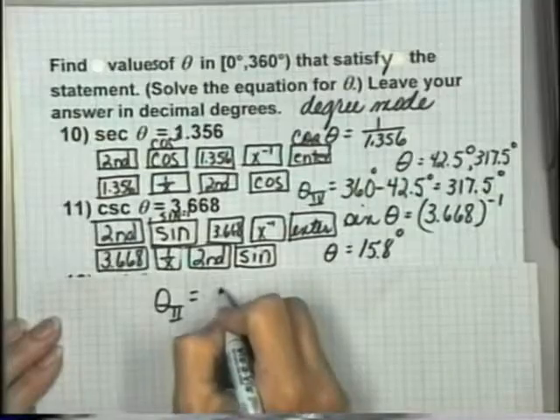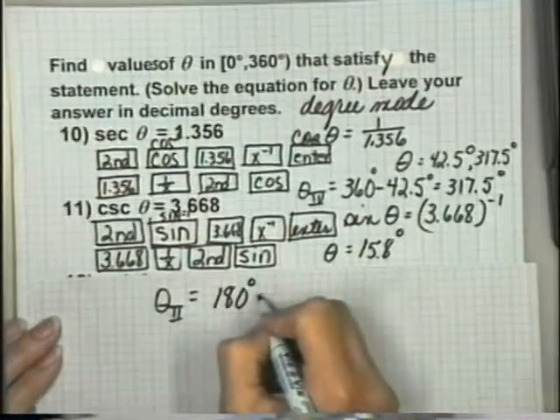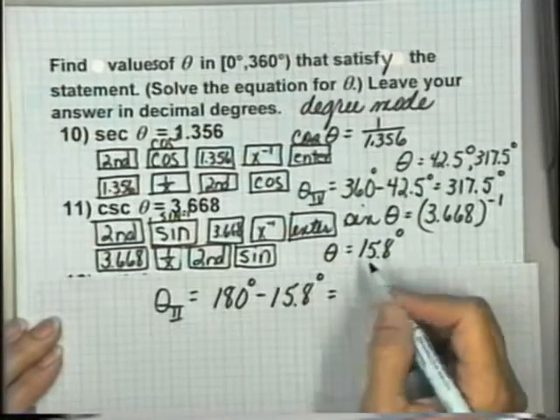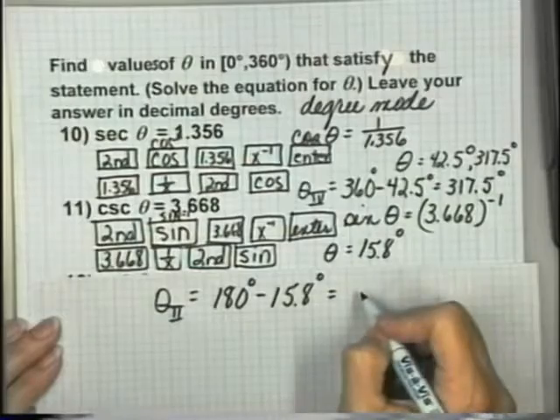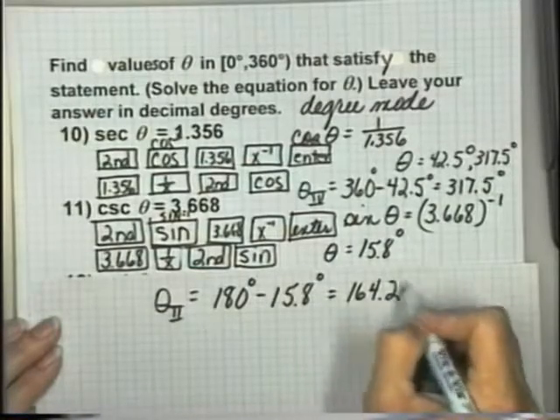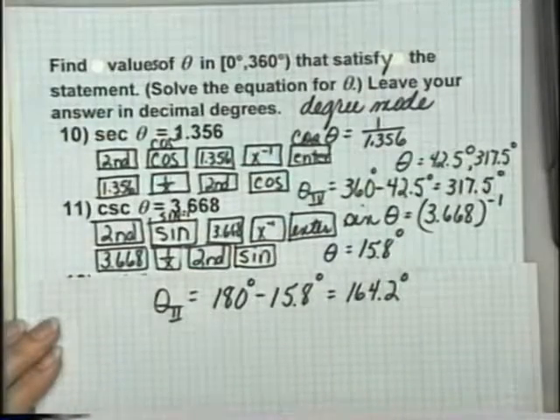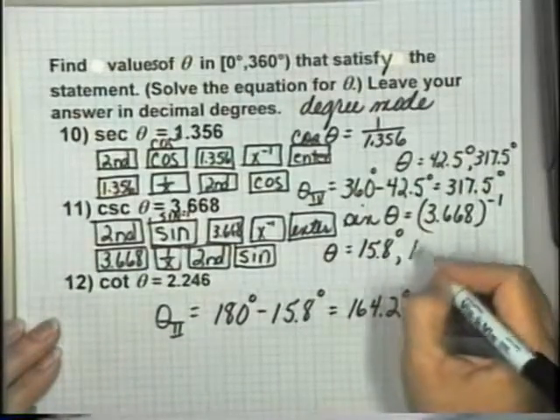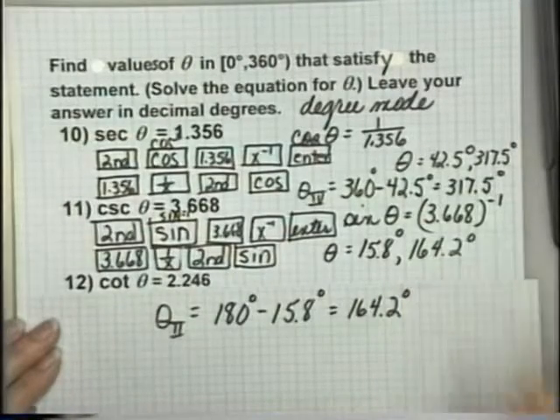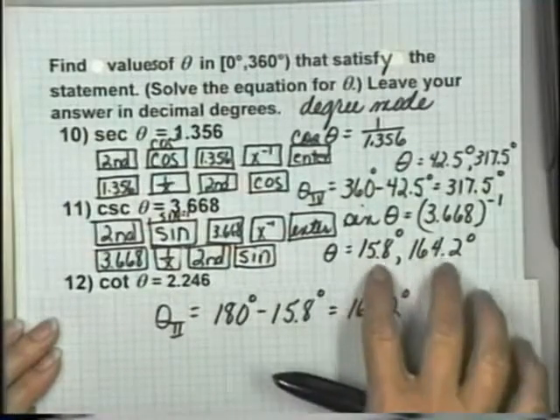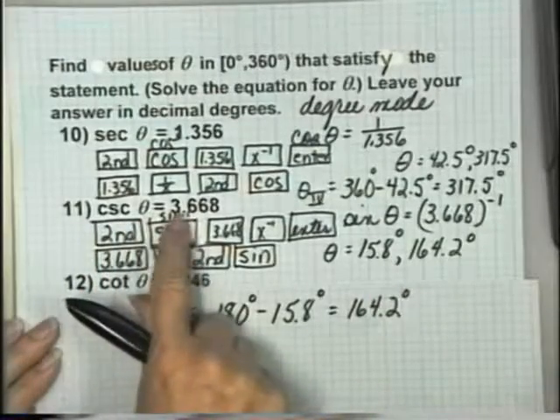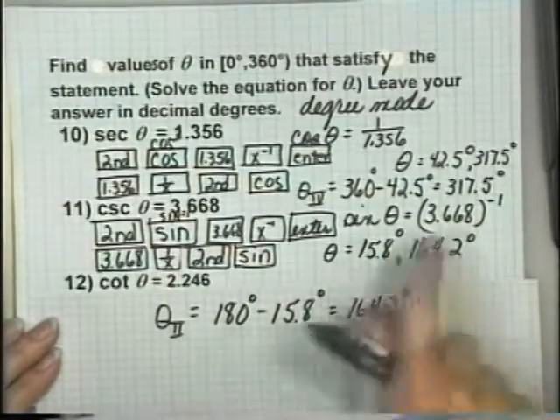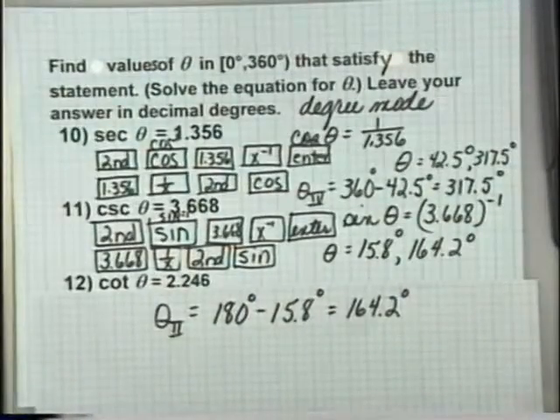So we'll say 180 degrees minus 15.8 degrees, and we will get 164.2 degrees. So let's write that. Our other theta then is 164.2 degrees. Both these angles would have a cosecant equal to 3.668 and a sine equal to the reciprocal of 3.668.